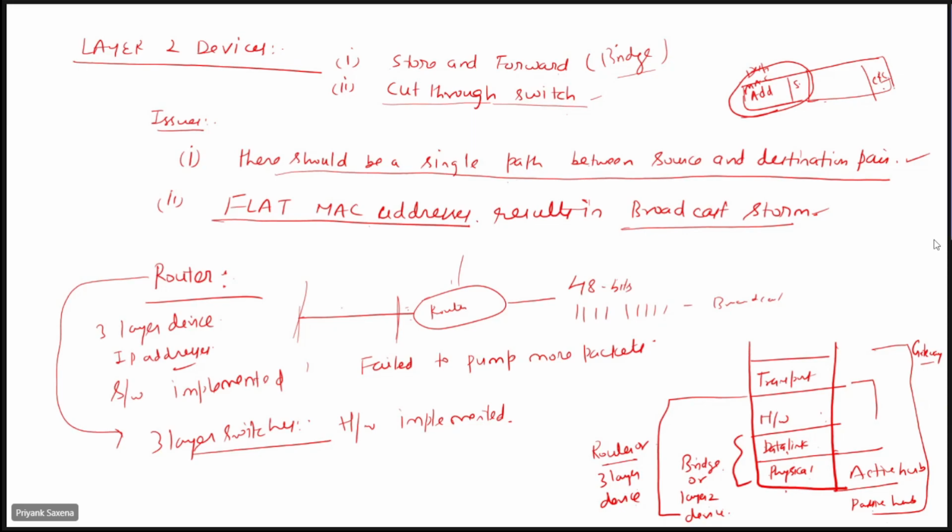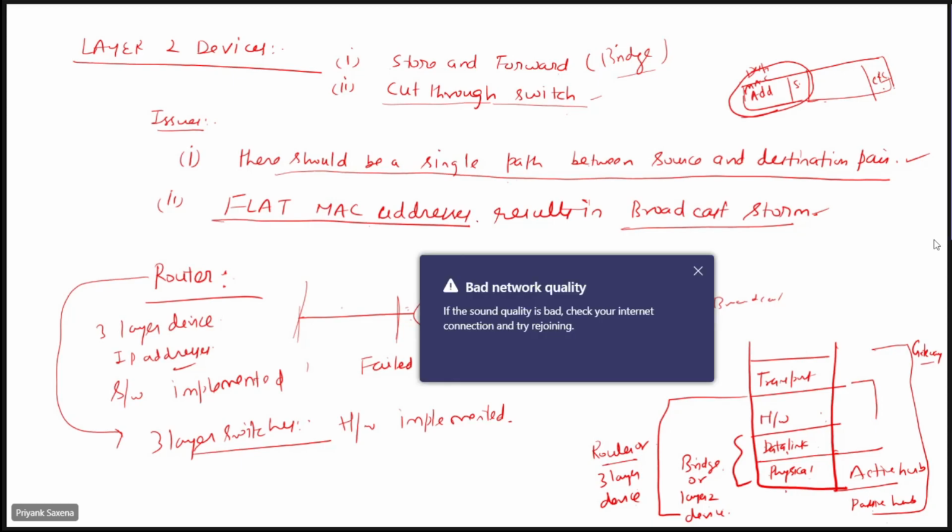A router interconnects dissimilar LANs. What the router does is that the whole network can be divided into different parts and interconnected with routers.